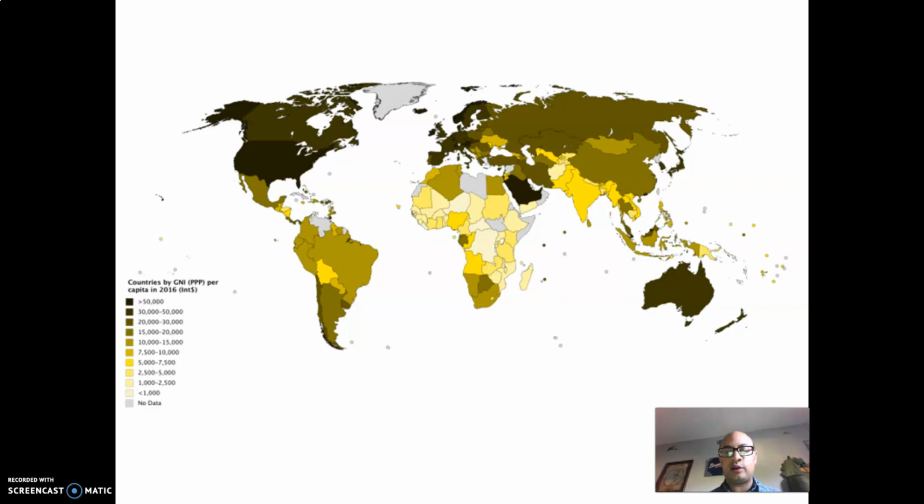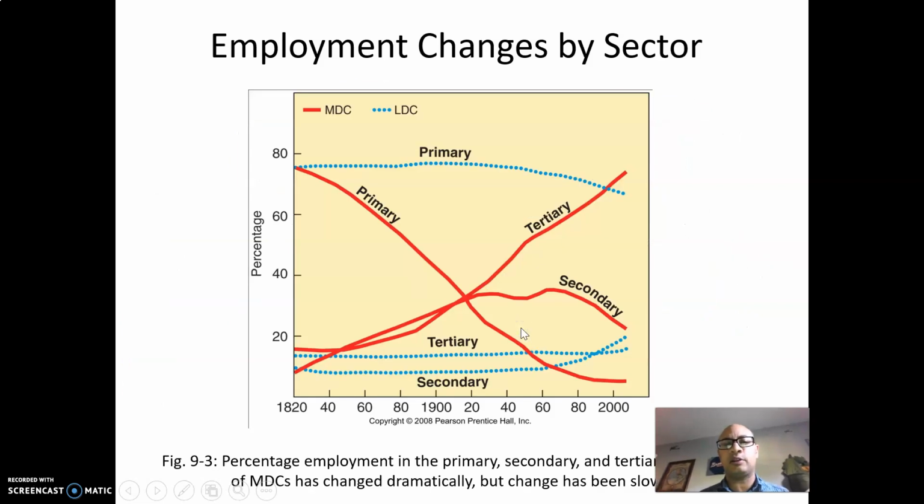One of the other ways, of course, that we measure development that's pretty reliable is just going back to something that we looked at earlier in the week, and that's the sectoral structure of an economy. In other words, are the majority of jobs within your country primary, tertiary, or secondary? As you can see from the chart here on the screen, countries where the vast majority of their jobs are in the primary sector, this is an indication of a less developed country, an LDC, and you can see that on the graph here, right?